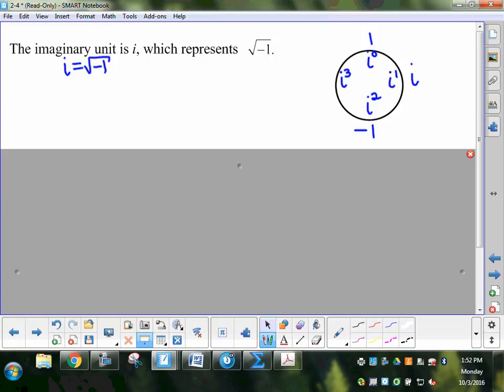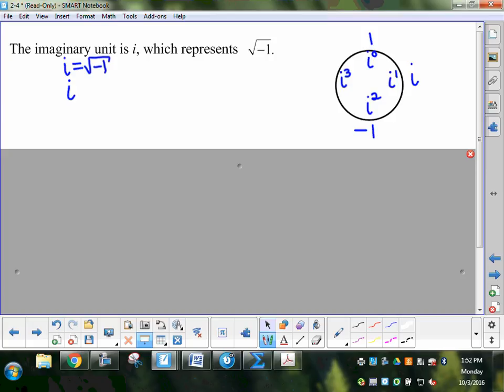Now, this is the most interesting one if you can see it. i to the 3rd power. Who can tell me what they think i to the 3rd power would be? Not 1. -1 times the square root, which would be just... No. -i. Here's the justification.